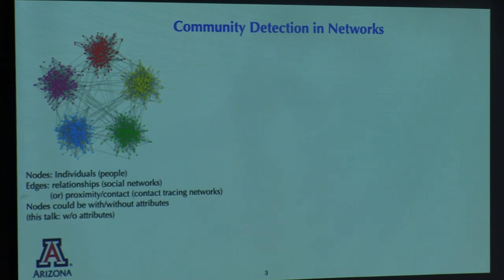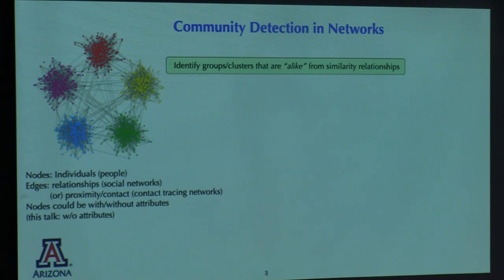For example, it could correspond to two people connected on Facebook, corresponding to a social network, or it could be proximity or contact between two people who came in close contact with each other when you're thinking about a contact tracing network. And nodes in general could be with or without attributes. So it could be just a plain node corresponding to an individual, or it could be a node with an embedded long vector associated with it, where it could be more information, a richer structure. For simplicity, in this talk I'll just focus on nodes without attributes.